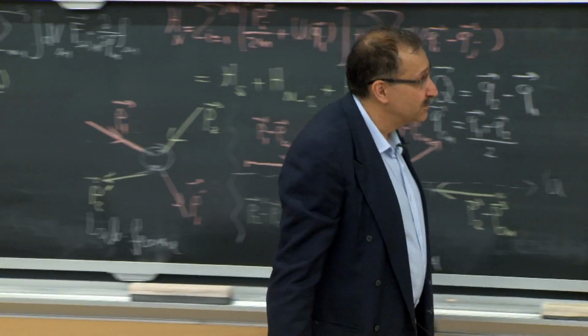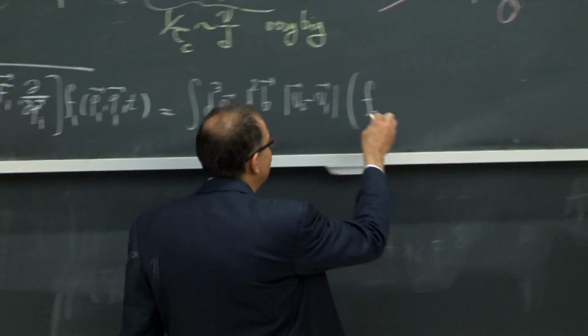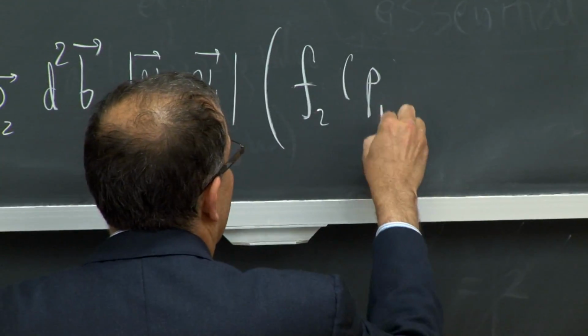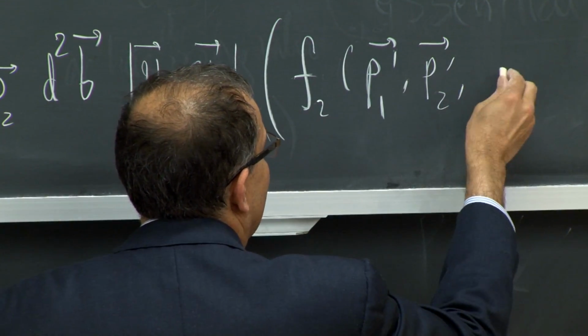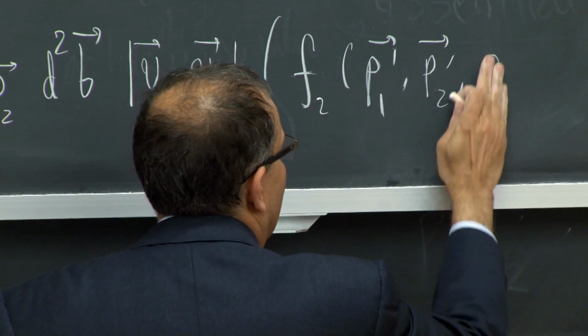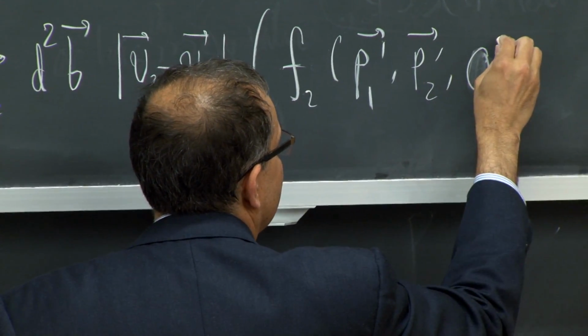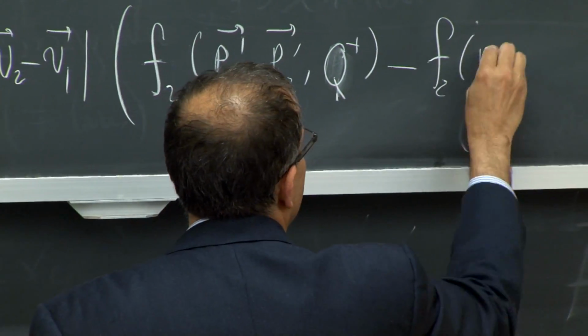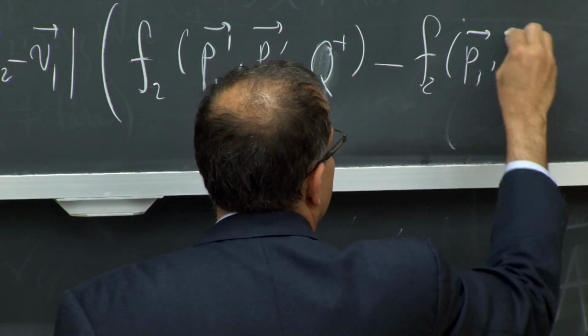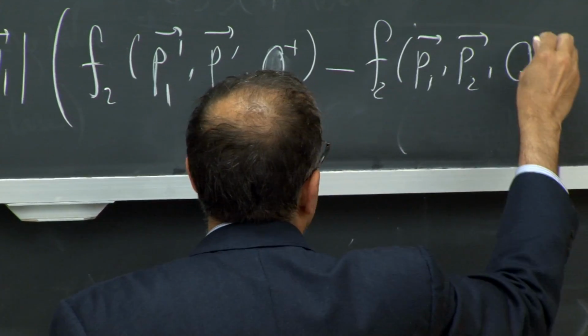So really what I should write here is F2 after the collision, with P1 prime, P2 prime at some Q plus, minus F2 of P1, P2 at some position minus.